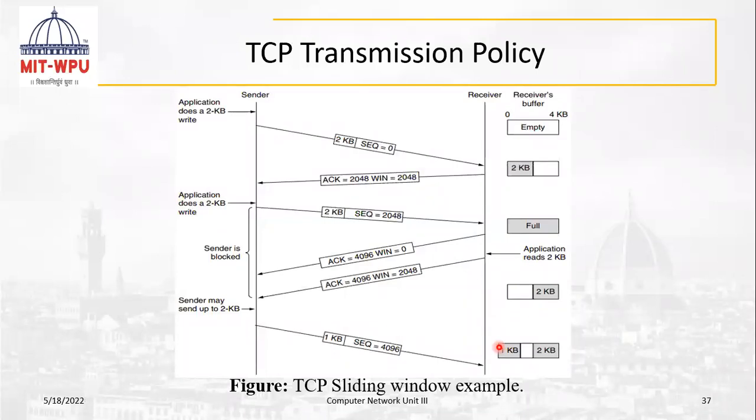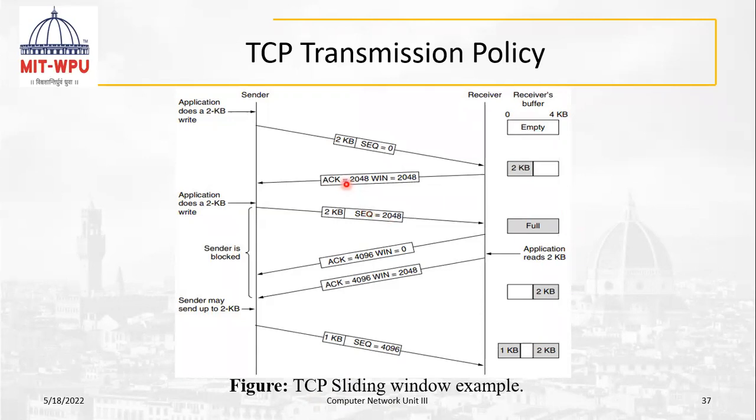Now this is a new concept, TCP transmission policy. We have already studied the sliding window protocol, but here there is a slight modification, which is the TCP sliding window protocol. The concept is very much the same. Here the sender has a buffer of 4 kilobytes, and the receiver also has a buffer of 4 kilobytes.